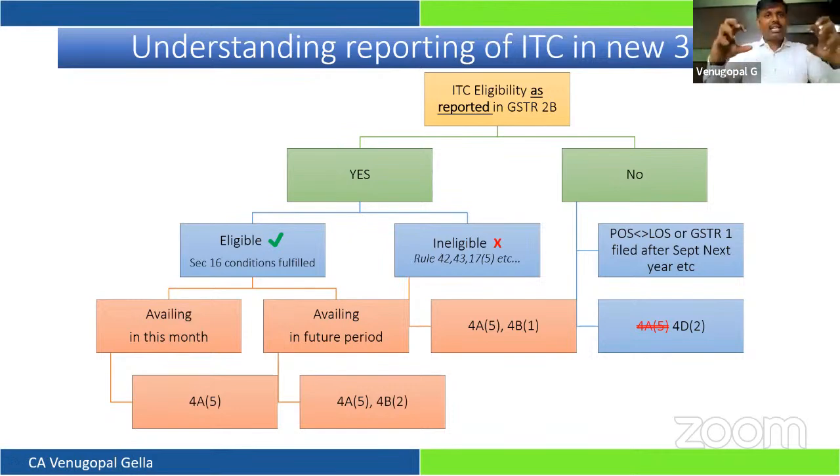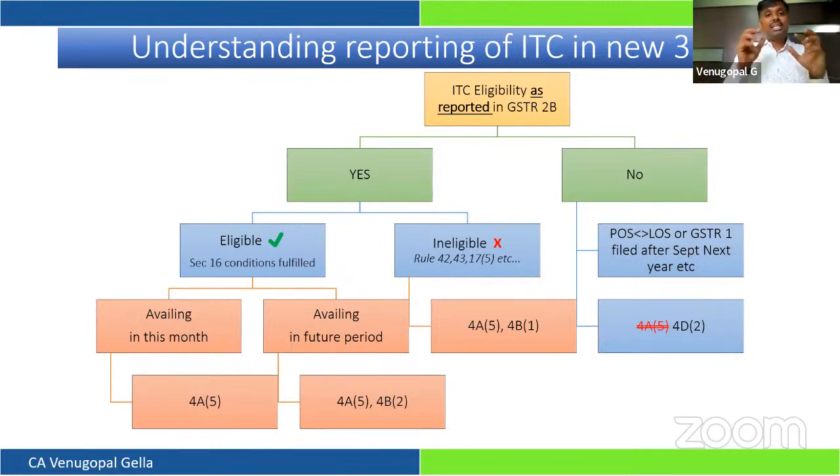So you further segregate this credit into two buckets: eligible and ineligible. If it is eligible, you will report it in 4A5 and you don't need to do anything. But if it is not eligible, you will still report it in 4A5 and also report it in 4B1, saying that so much is not eligible.